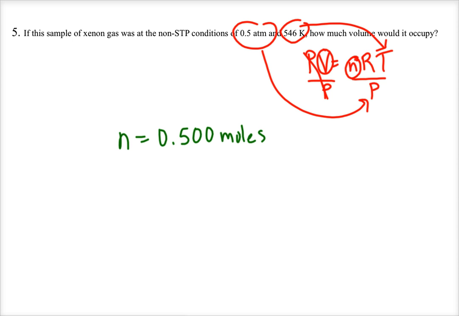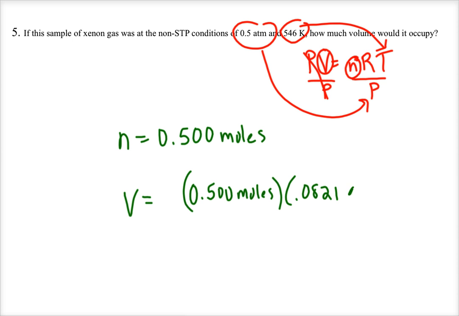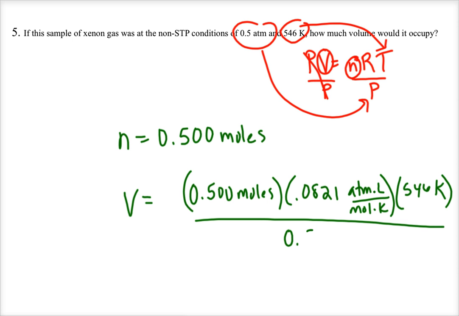So plugging this number into this gas law equation, you get 0.500 moles times the universal gas constant of 0.0821 atmospheres liters over moles Kelvin times the temperature of 546 Kelvin. All that divided by the pressure given to us at 0.5 atmospheres.